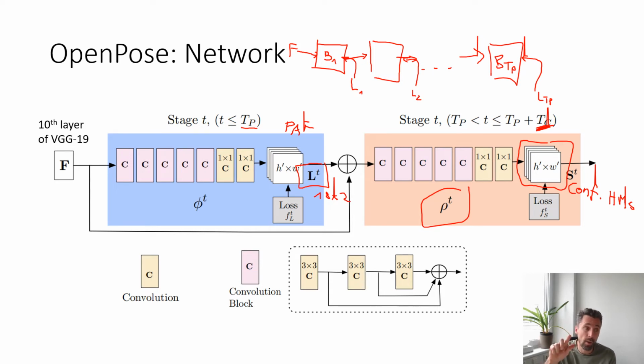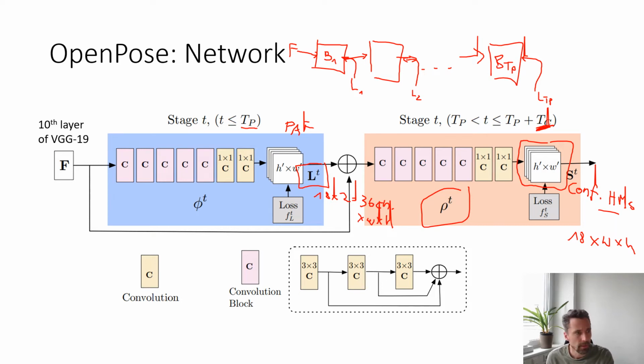So we have X and Y. So that is 36 channels times width and height. And that one here has 18 single channels for the parts. So this is 18 times width times height.